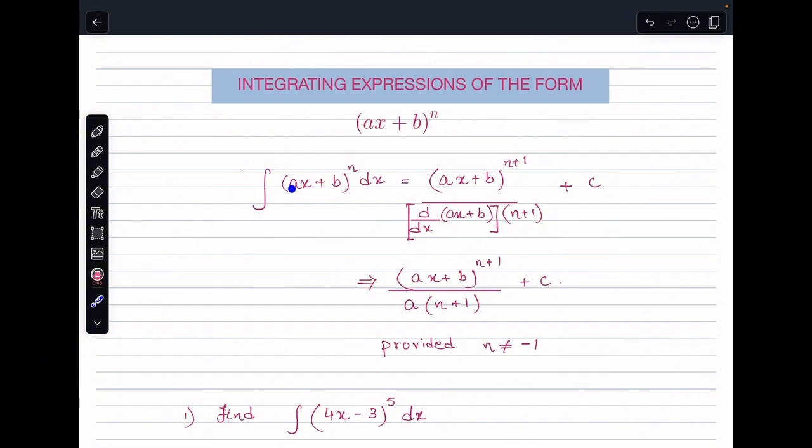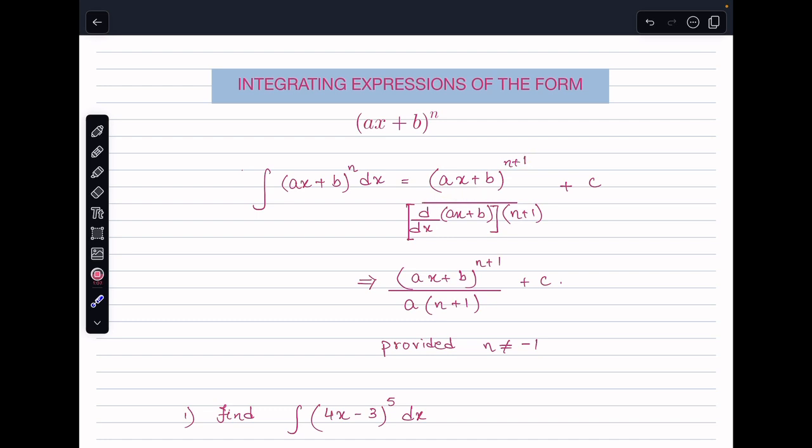So the integral of the linear expression (ax + b) to the power n with respect to x, dx, shall be equal to (ax + b), and as we always go for adding a 1 to the power, it becomes n + 1.